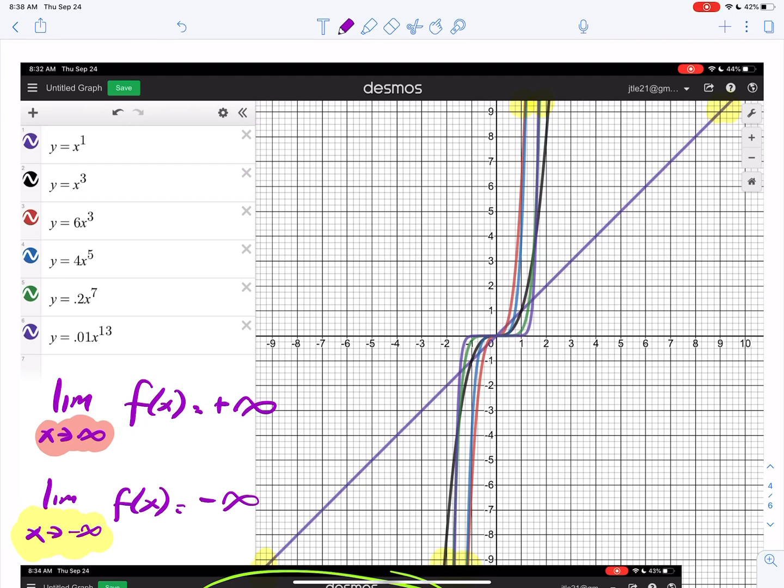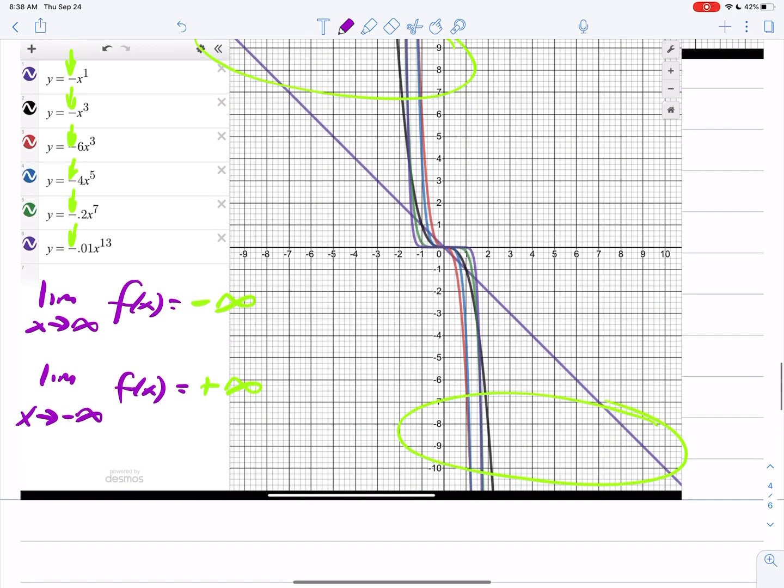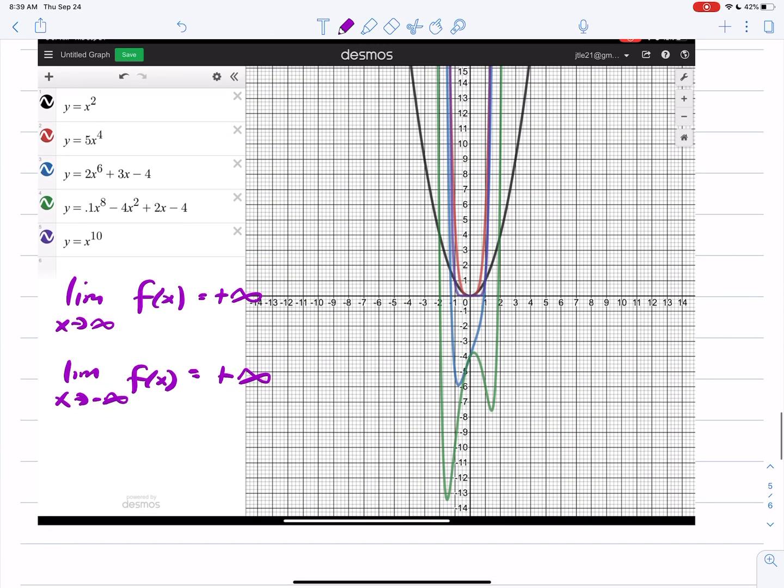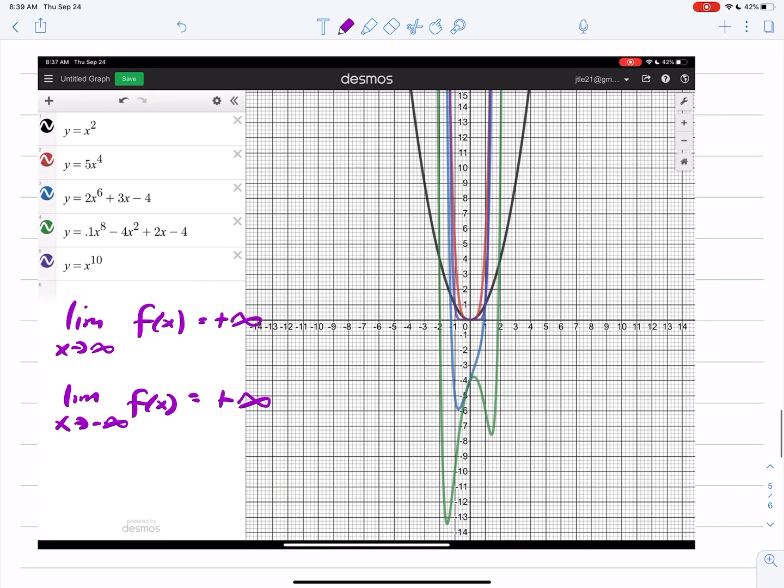There was always a positive infinity and a negative infinity. Here it was odd as well, but we had a negative infinity and a positive infinity. So you're trying to pick up patterns here so that we can at the end graph anything that we want. All right, so we have a pattern here. Even degree functions tend to have the same end behavior. And we'll write that down later.